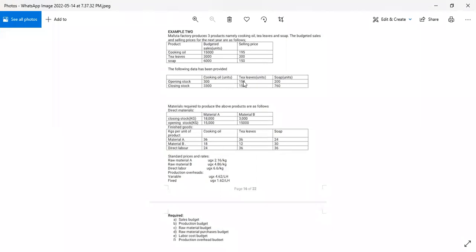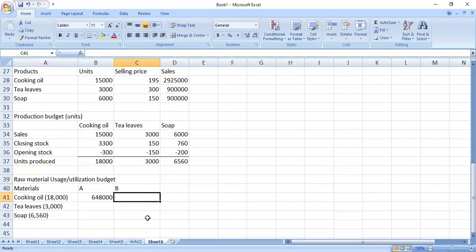So this is material B, and this is soap. For a single unit of soap, we're spending 30 kgs. Now, how about 6,560 units? It means we're going to spend 30, which is for a single unit, times the 6,560 units. That's what we have for soap as far as material B is concerned. So that's how we're supposed to go about this.